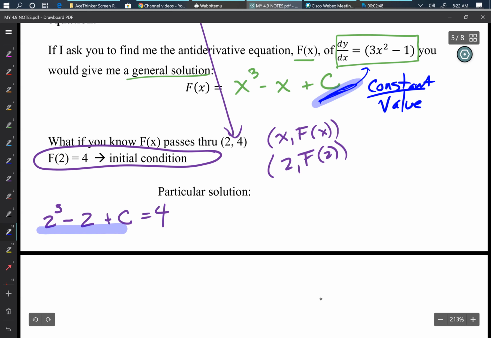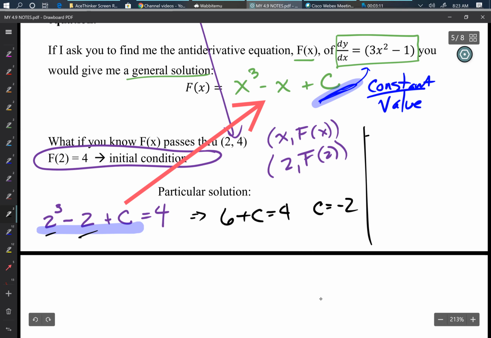Okay, where did this come from? I took the function f of x equals x cubed minus x plus c, plugged in the 2, and I'm going to grind out an answer now. So 2 cubed gives me 8. 8 minus 2 is 6. So I got 6 plus c is equal to 4, and that tells me c must be negative 2.